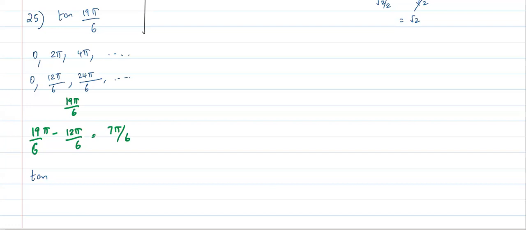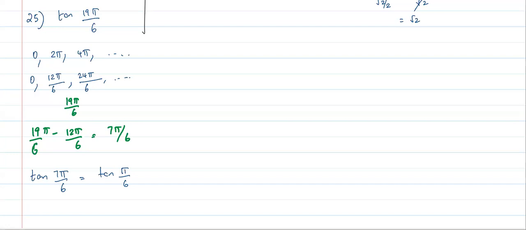So that means we could have taken away one more pi, right? So tangent 7 pi over 6 is also going to have the same value as tangent pi over 6. But if you did not know that, that is okay.